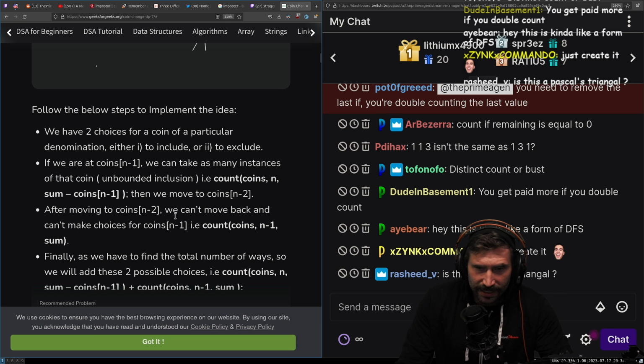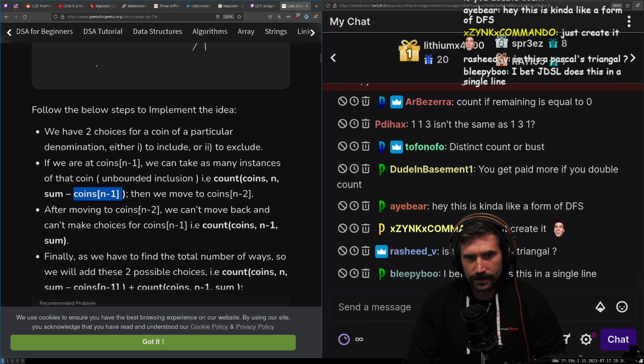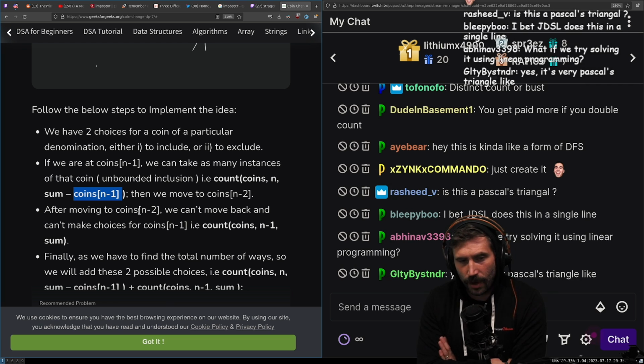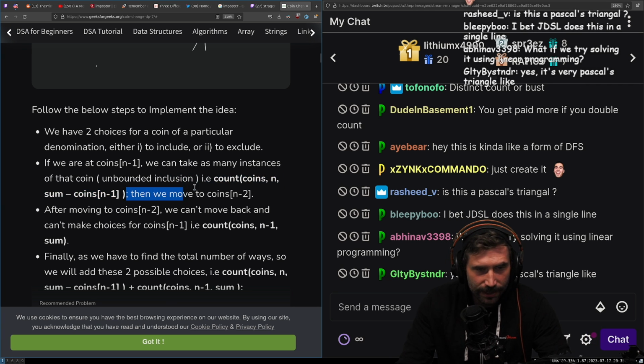Is this thing Pascal's triangle? Maybe. I don't know. If we are at coins n-1, we can take as many instances of that coin, unbounded inclusion. Okay. Coins, count coins n, sum minus coins. Wait, what? Okay, they're solving it very similar to how I did it.